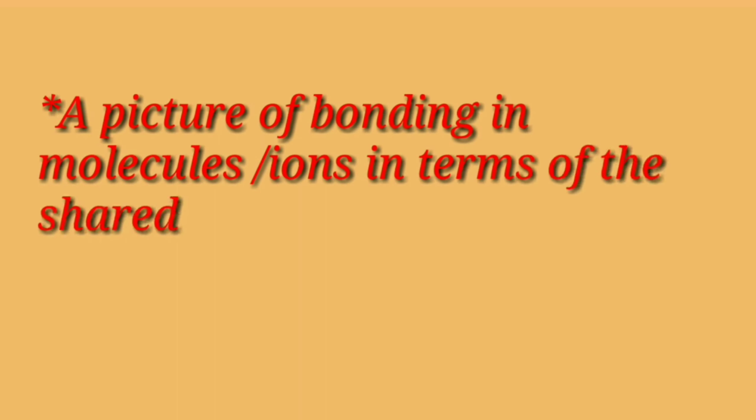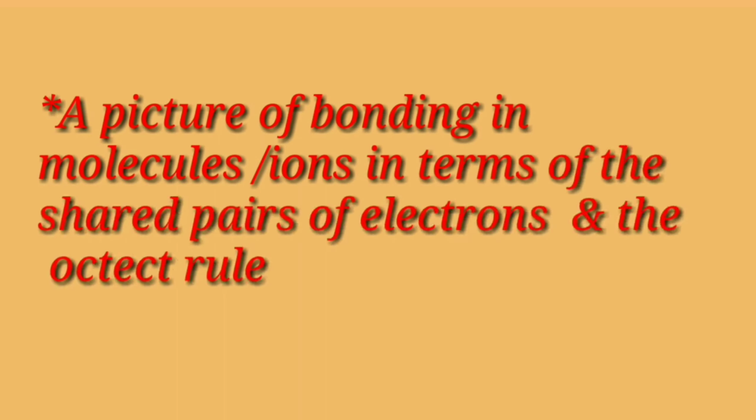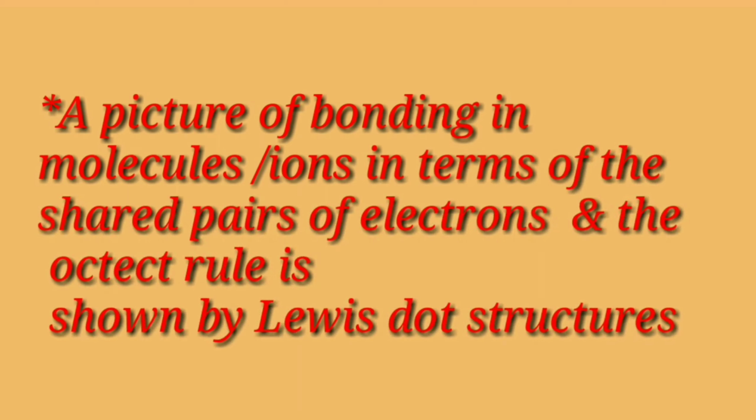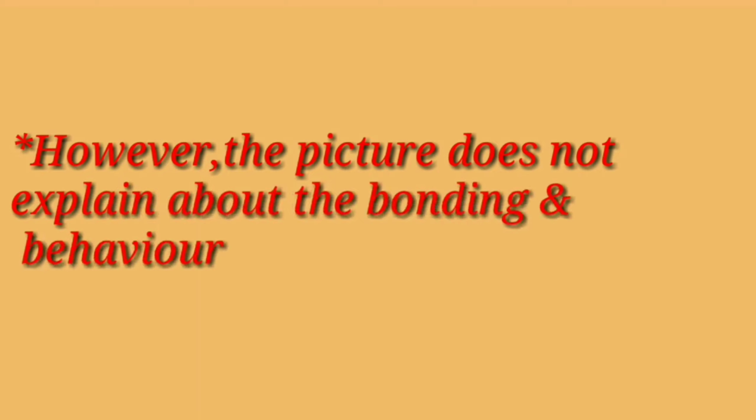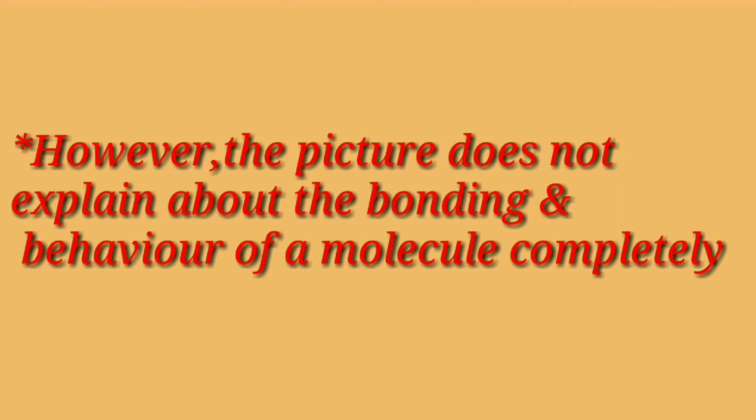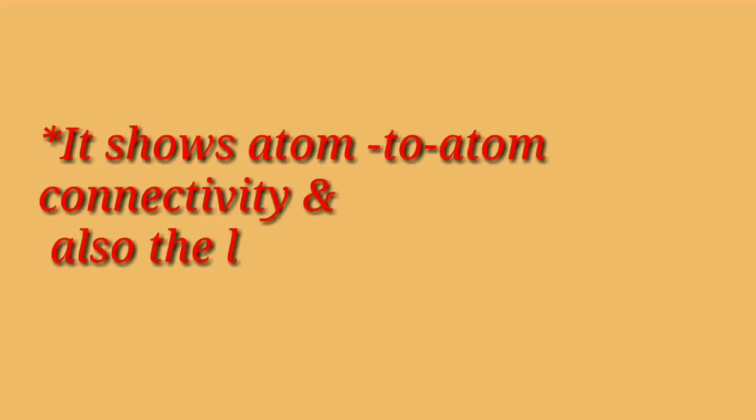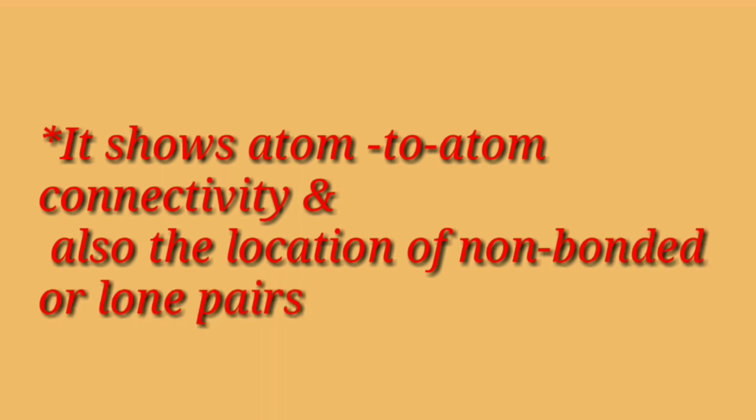So we can say that a picture of bonding in molecules or ions in terms of the shared pair of electrons and the octet rule is shown by Lewis dot structures. However, the picture does not explain the bonding and behavior of a molecule completely. It shows atom-to-atom connectivity and also the location of non-bonded or lone pair of electrons.